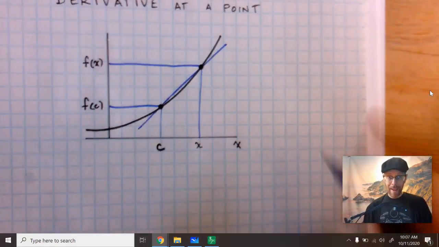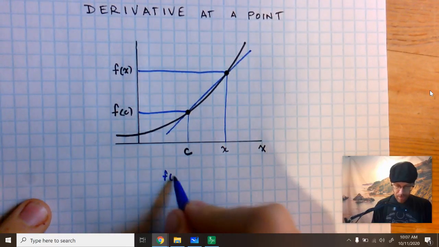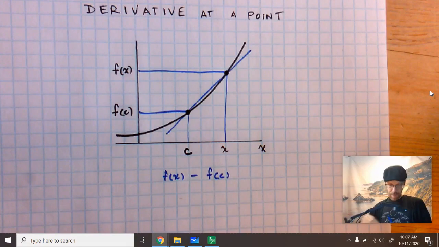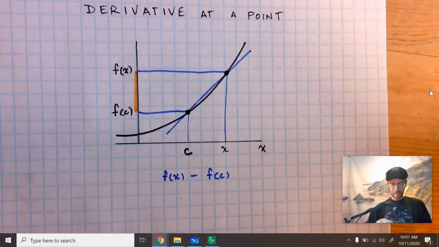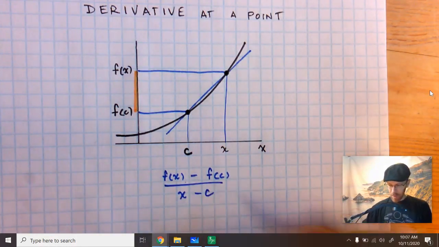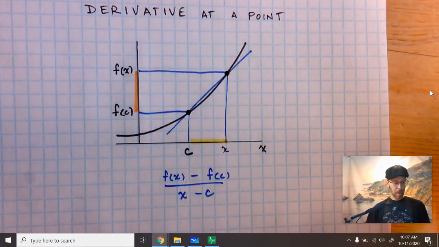And the slope of that line is f of x minus f of c. That's like our change in y, divided by x minus c. That's like our change in x right here.